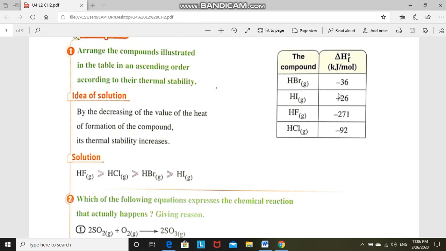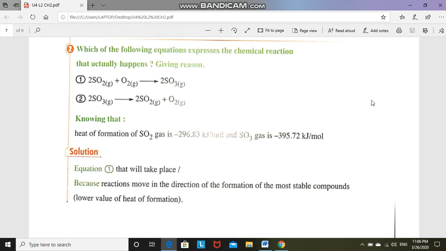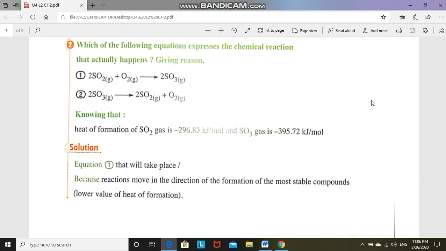hydrogen bromide. The last of them is hydrogen iodide, as it is an endothermic reaction, as it is unstable and dissociates spontaneously at the end of the reaction. Okay, after that we have the following equations.